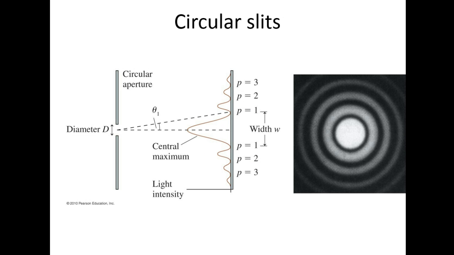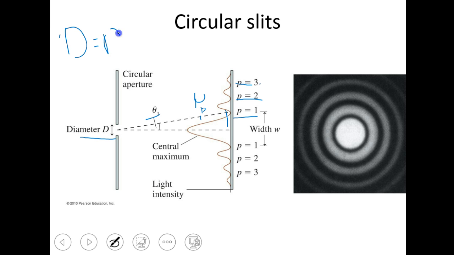All right, and a circular slit is more or less the same thing as a single slit. However, it's now in the shape of a circle. So we still talk about the dark spots, and we can calculate both their angular distance as well as their geometric distance in terms of y sub p. The only difference here from a single slit is now we don't have a, the width of the slit, we have D, the diameter.